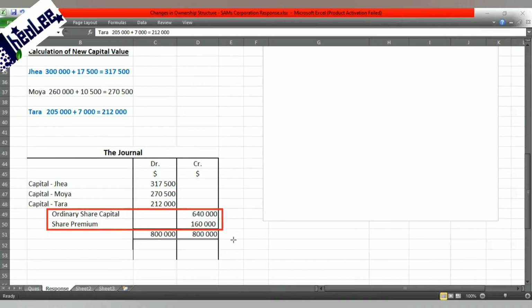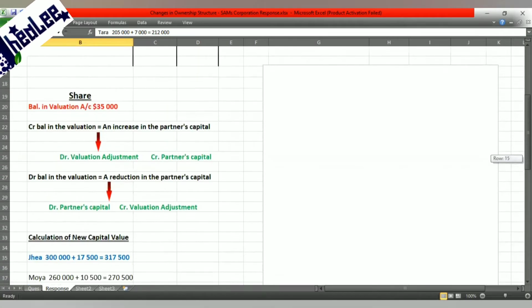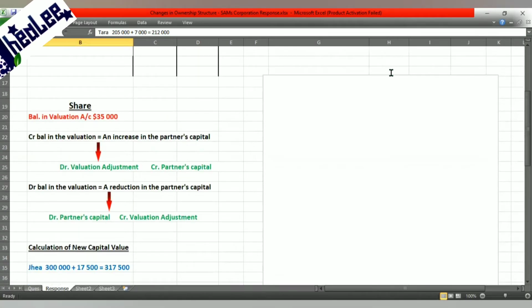Remember, we no longer have partners. Those three individuals are now shareholders because we're converting the business. So we're going to prepare the balance sheet now to see the conversion process was successful. So we'll be looking at the question and then use that to prepare our balance sheet.